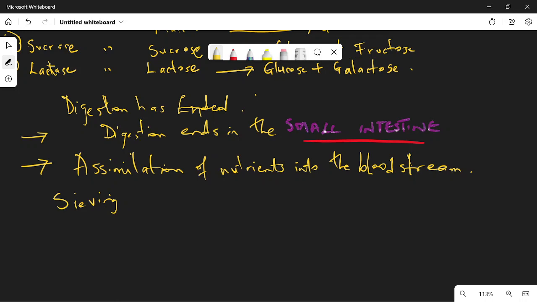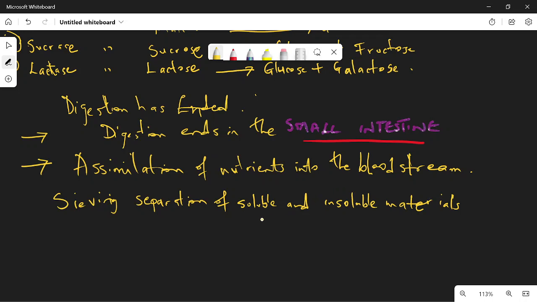Sieving is the separation of soluble and insoluble materials.